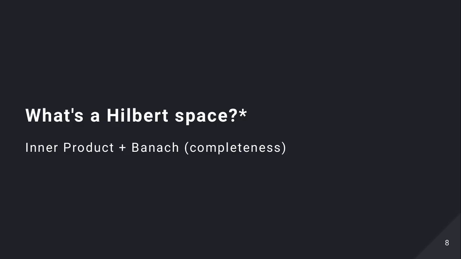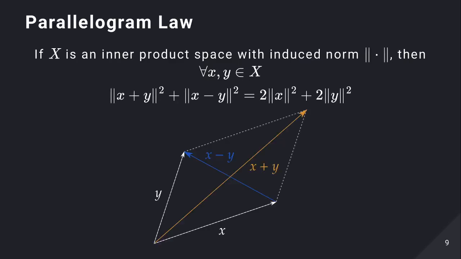The legend says that he raised his hand and said, "Okay, but what actually is a Hilbert space? I'm very confused." So it's very funny to imagine Hilbert asking what Hilbert spaces are. Although I couldn't find a concrete citation for whether this is true or not, I think it's probably true.